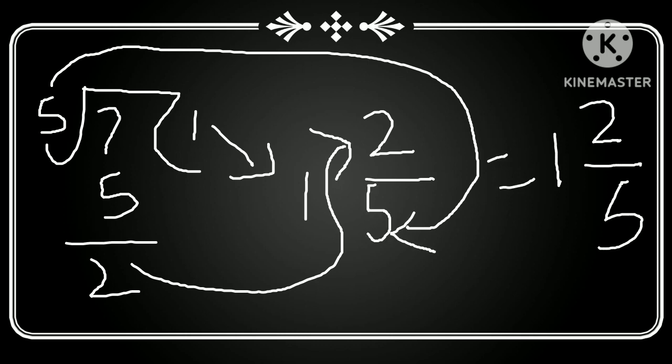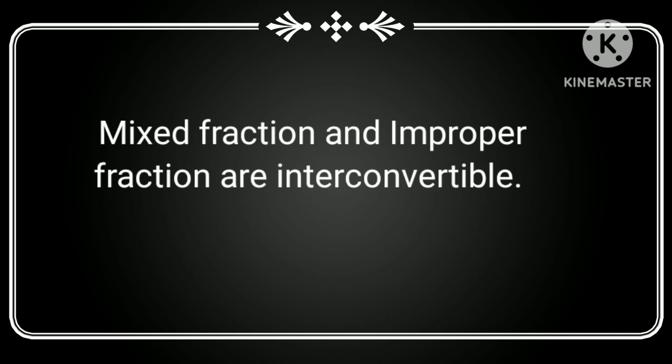Quotient 1 will be written inside, 2 will be written at the top, and 5 will be written at the bottom. So we will get 1 ratio 2 upon 5. So we can conclude that improper fraction and mixed fraction are interconvertible. Let's move to our next topic, that is equivalent fraction.